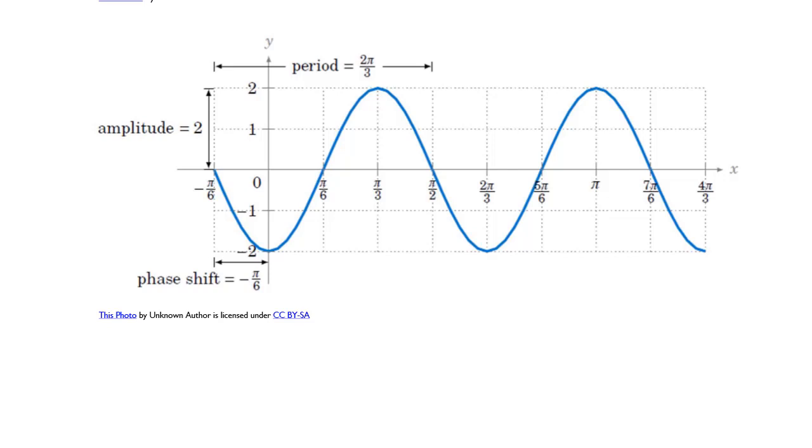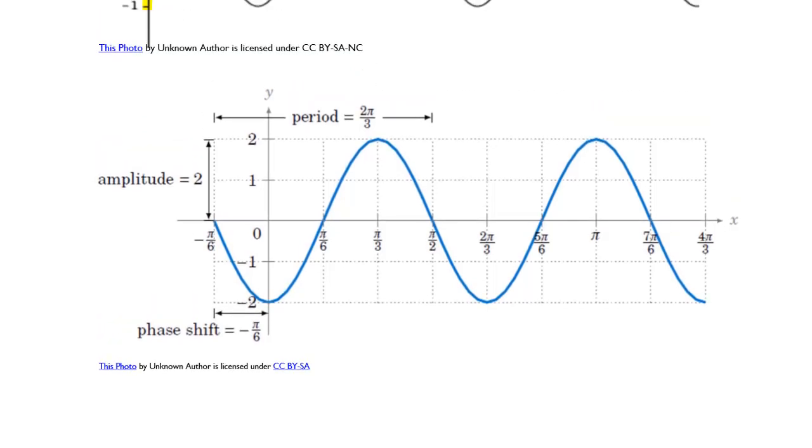So if we know that the period for this is 2 pi over 3, that means that we can set this up as negative pi over 6, the starting point for the period, ending point for the period, equilibrium point in the middle. We don't really need the equilibrium point in the middle, but it's helpful to label everything so we can see the symmetry.